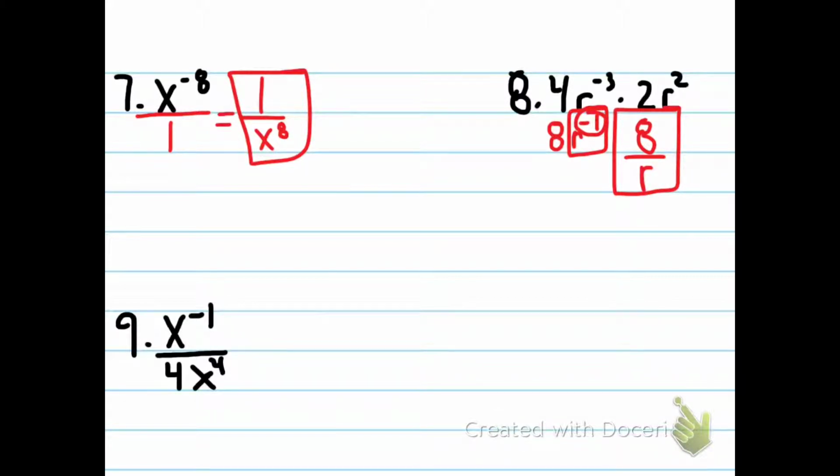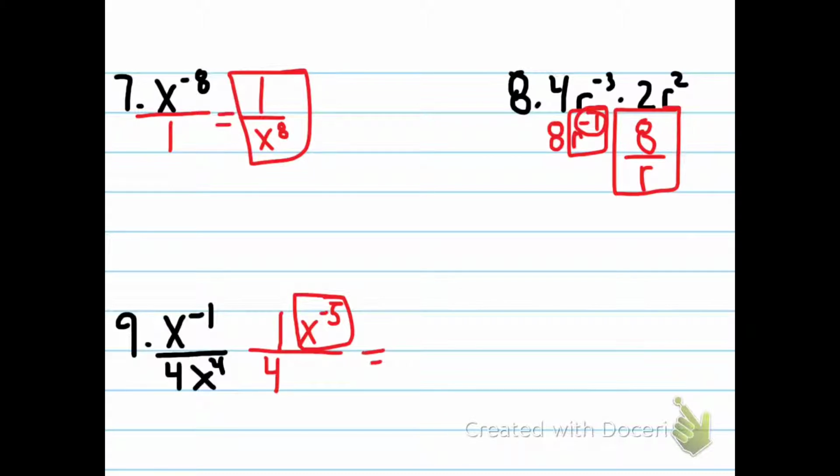For number 9, we assume that it's over a 1. And then x to the negative 1 minus a negative 4 is a negative 5. So we put x to the negative 5. And remember, we have to flip this to the other side.